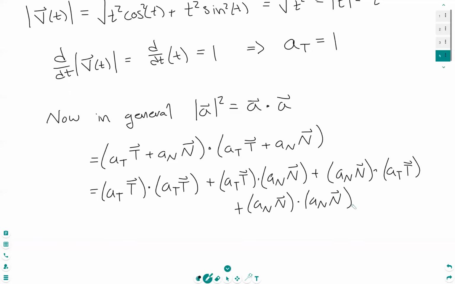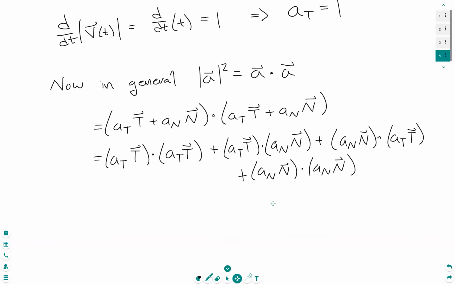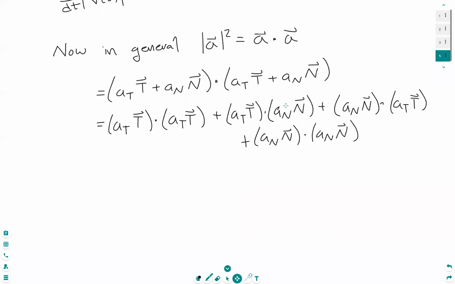So basically we're just FOILing. But I look at all these dot products, right? These t dotted with n terms, we know that t and n are orthogonal to one another, right? So by definition, those dot products should be equal to 0.